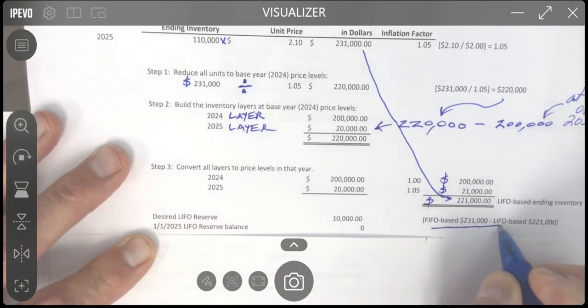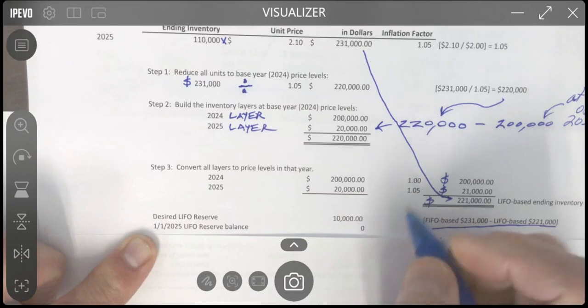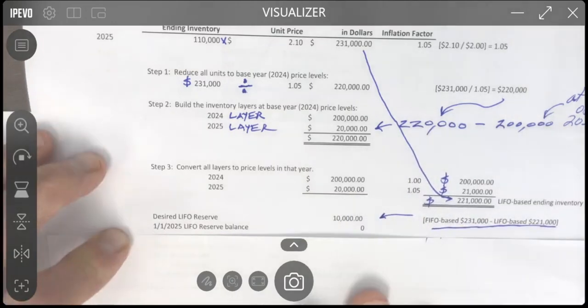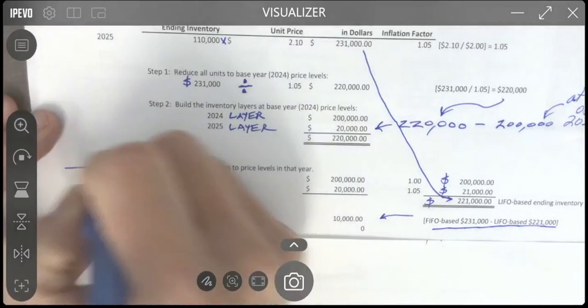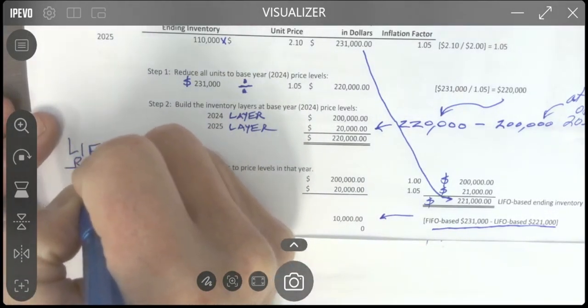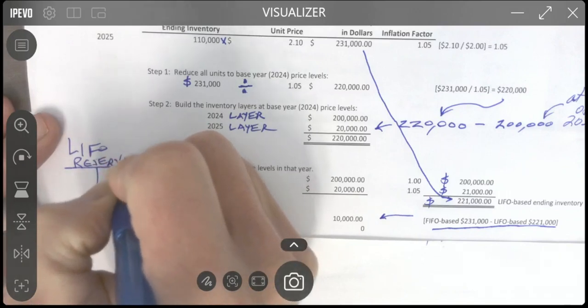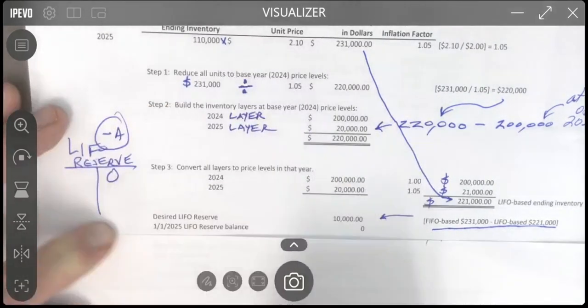LIFO based 231 minus FIFO based 221,000 is $10,000. If you looked in the LIFO reserve balance T account right now, which again is a contra asset, a contra inventory account, it has 0.